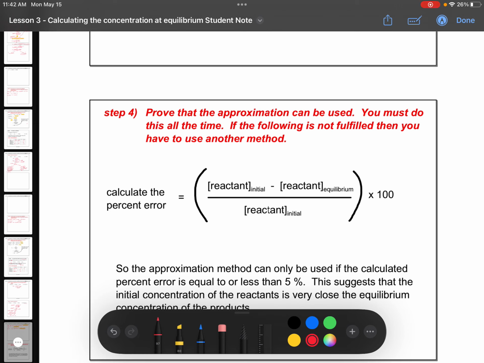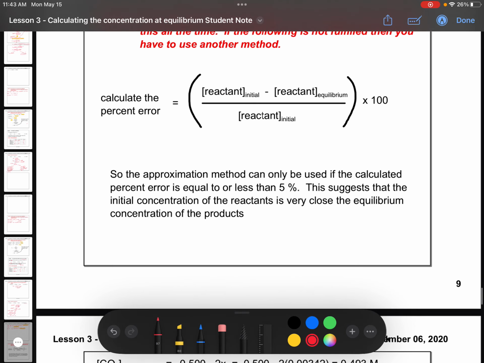So now, given our values, we are going to prove that the approximation method can be used, and you must do this all the time. If it is not fulfilled, then you have to use one of the other methods. So you have to calculate the percent error. You take the reactant initial minus the reactant equilibrium, divide by the reactant initial times 100.